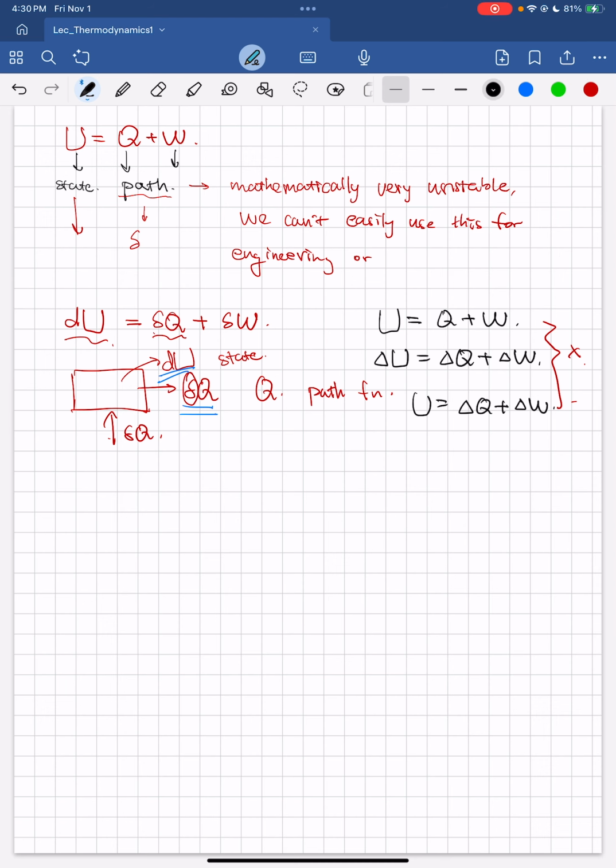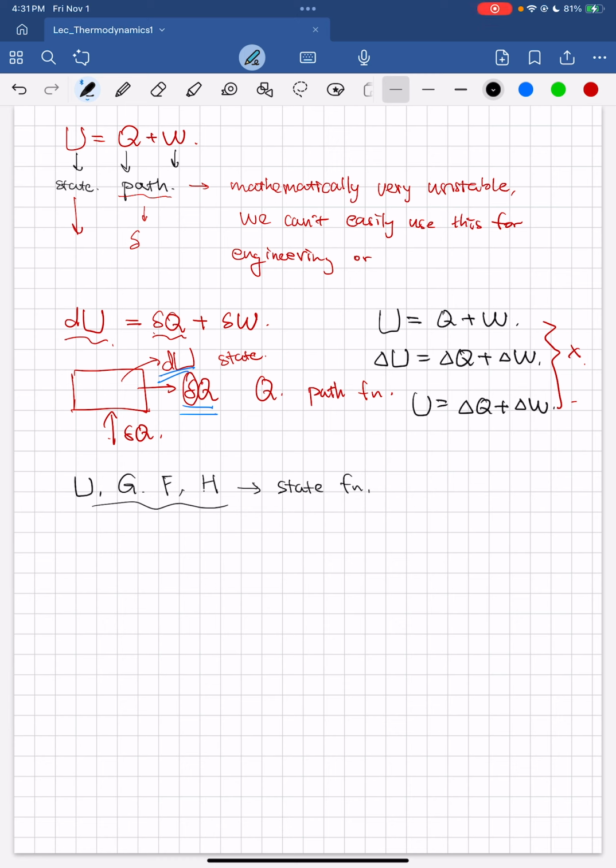So basically, all the energies, like later on we're gonna talk about Gibbs free energy and something like Helmholtz free energy or enthalpy, these are all state functions.